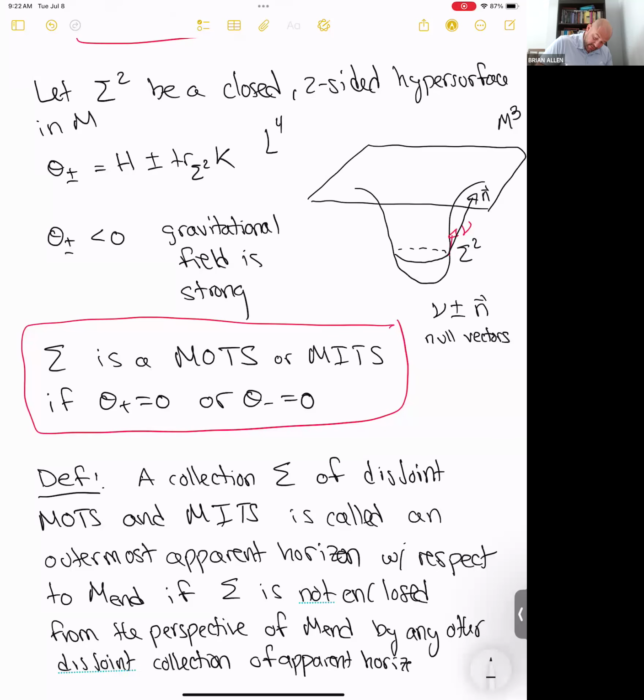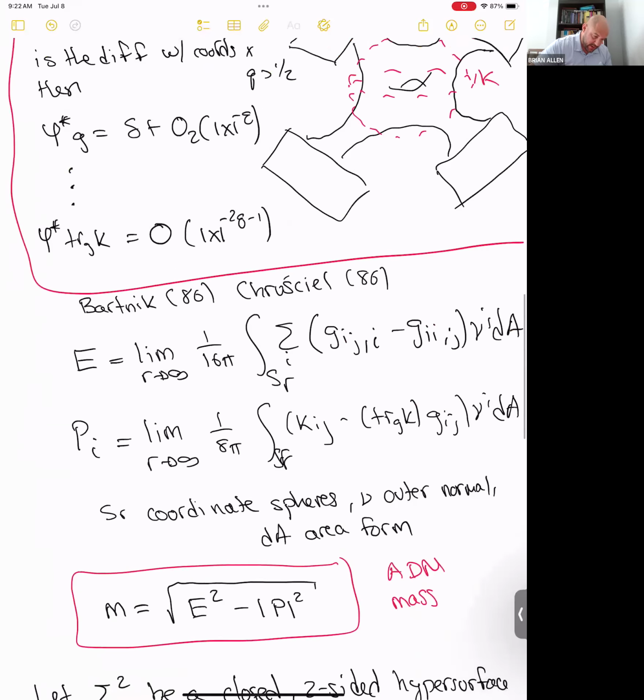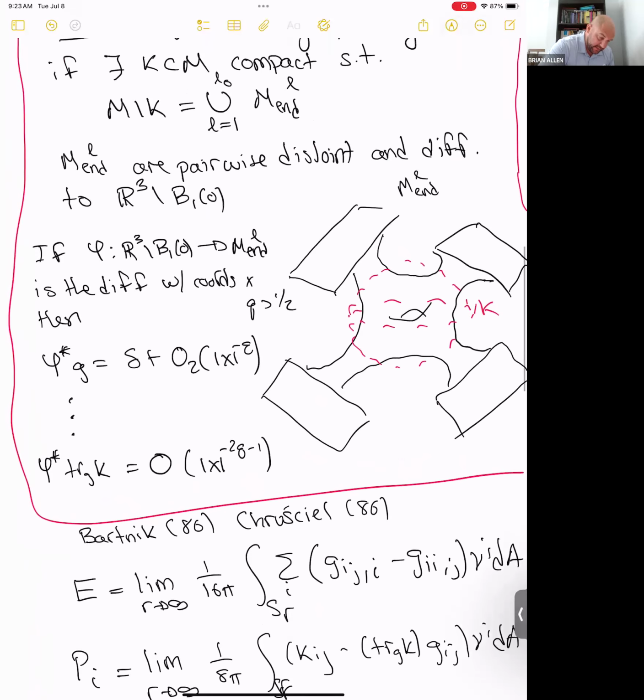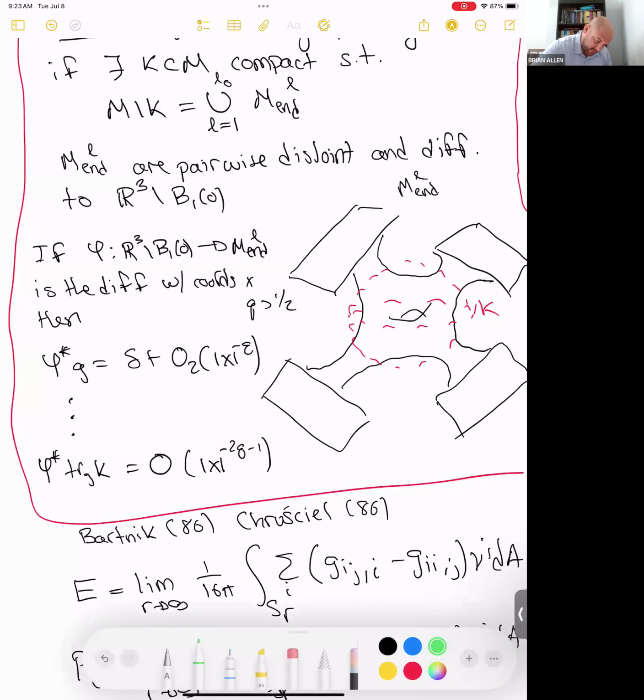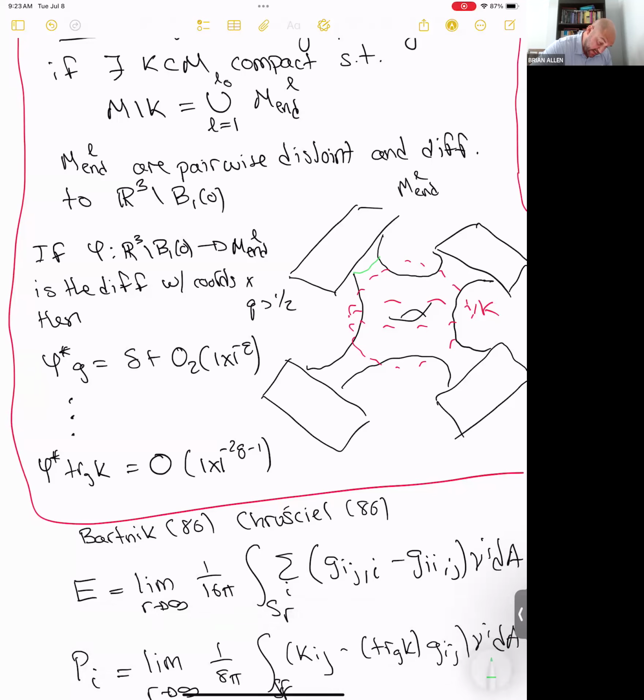Okay, so if I go back up to the picture I drew before, when I drew asymptotically flat, in some sense, this picture is a little bit boring for this definition, but I'll start here anyway. For each end, I can find an outermost MOTS and MITS here. But I want to be careful because for each end, you just pick one of these guys, right? So if I just think about this end, I'll have a corresponding sigma.